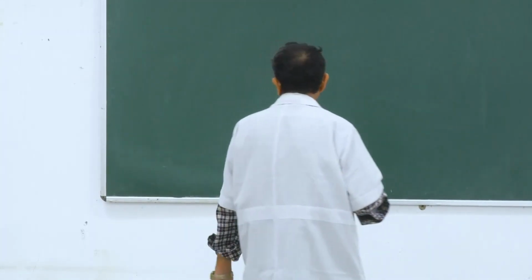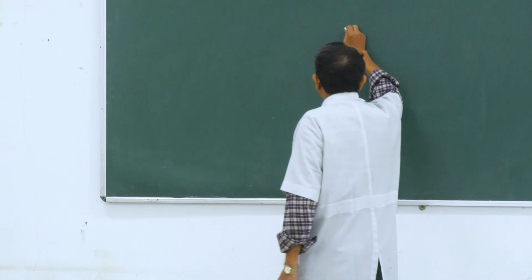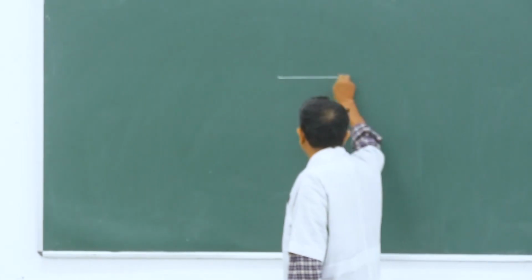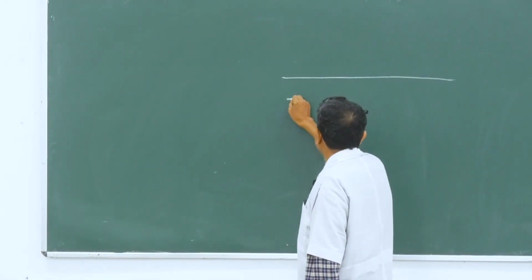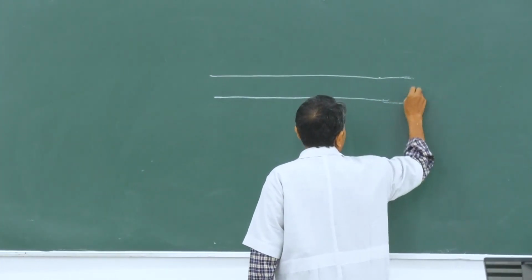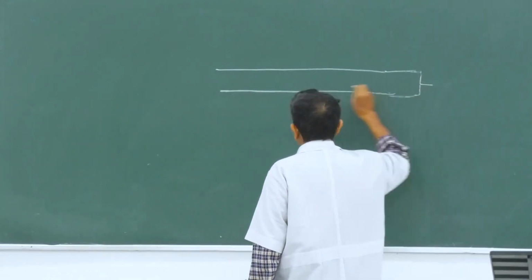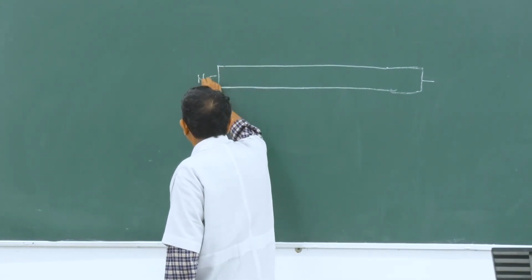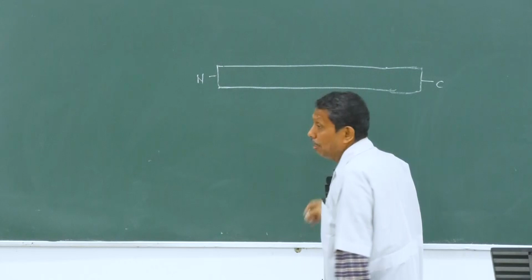Suppose in case of retinoic acid receptors or steroid receptors within the cell, they have a structure like this, which you will find in every textbook. Suppose this is the receptor, with an N terminal and a C terminal.